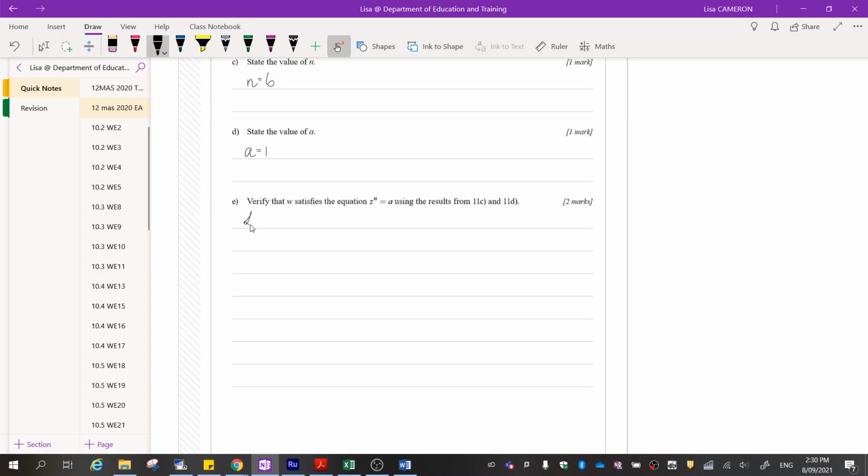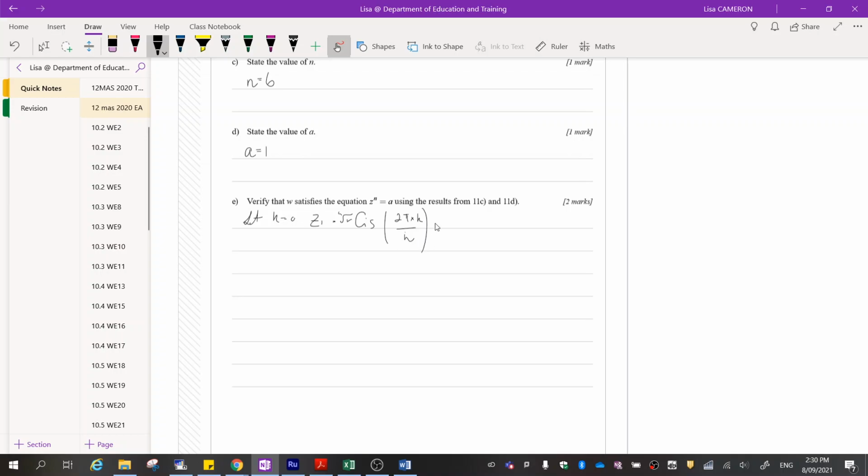So we're going to let k equal 0, which means that we'll be finding our first solution. This will allow us to verify that our first solution is correct. So it'll be the nth root of r, cis, and then 2 pi times your k value over your n value.